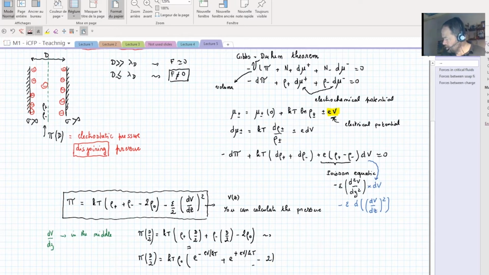So here we just assume that we have an exponential decrease of the density of charge close to the surface.